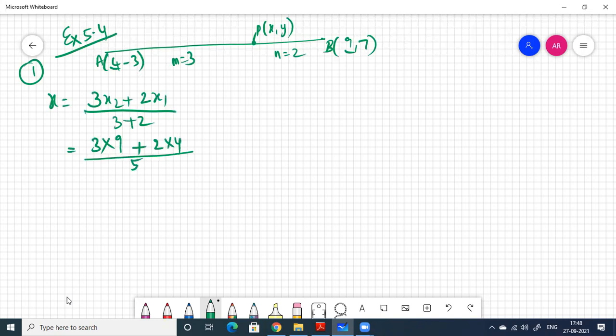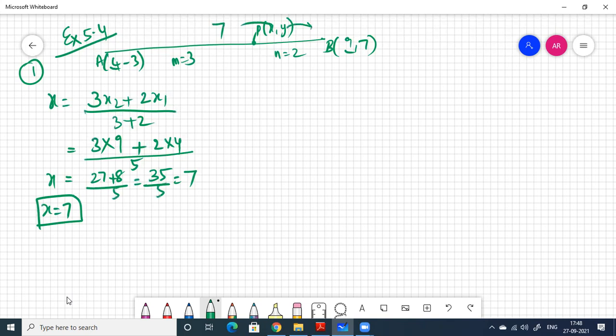That is equal to 27 plus 8 by 5. How much is 27 plus 8? It's 37 by 5. That is equal to 7. X equal to 7.